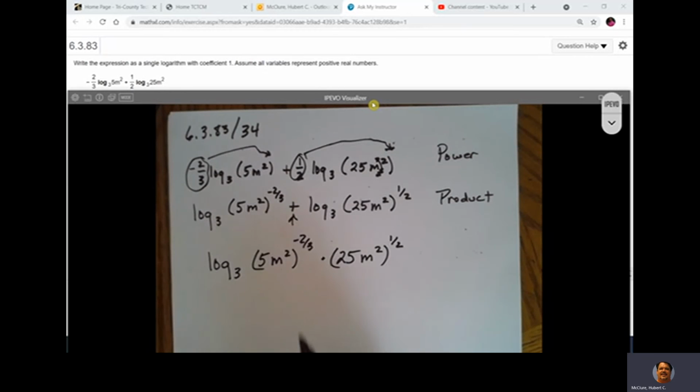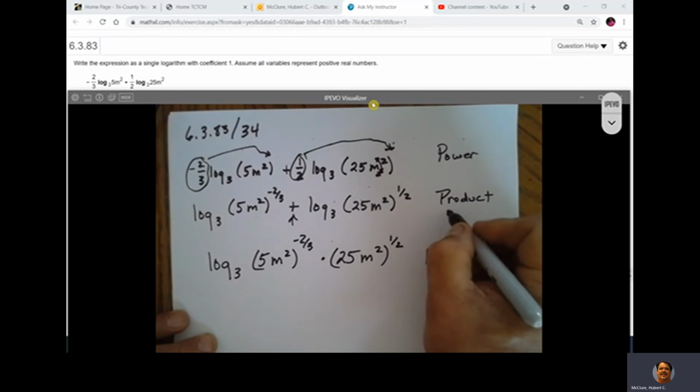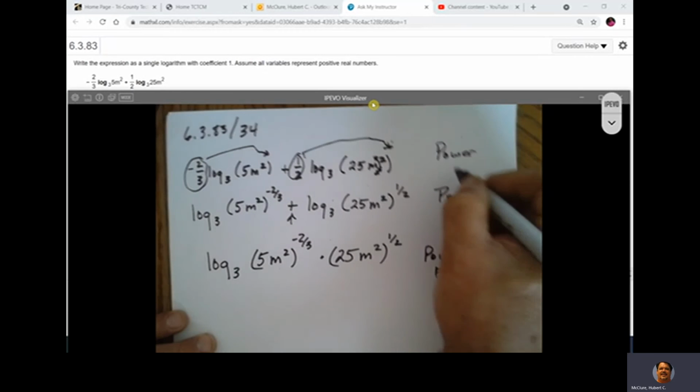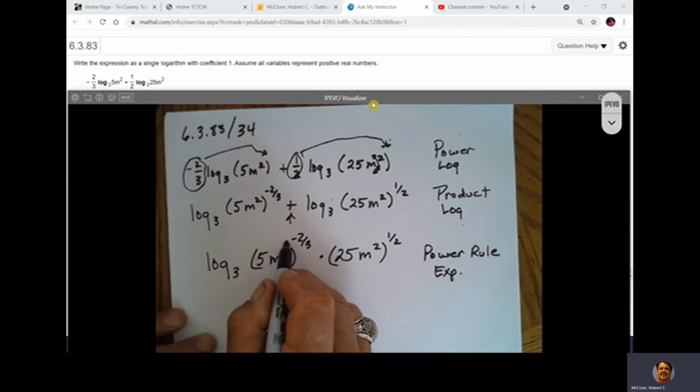Now what? Well, now I'm going to distribute that using the power rule of exponents. This is the product rule of logs. This is the power rule of logs. And this is the power rule of exponents.